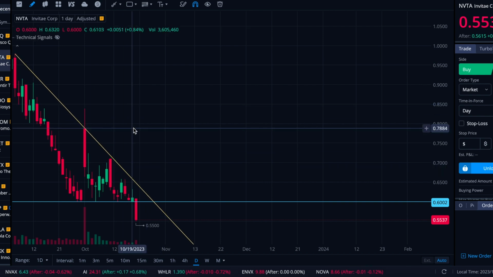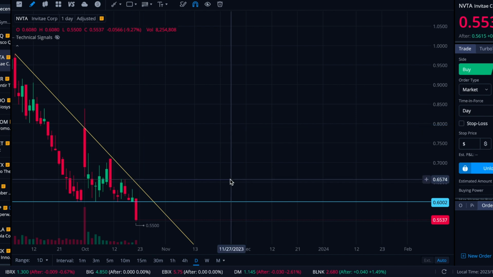It's a little bit more of a conservative placement for that trend line, so I'll maybe put it there for now, and in a sense, if NVTA does start to recover, make it prove itself more than this.